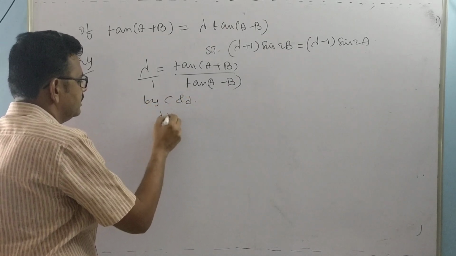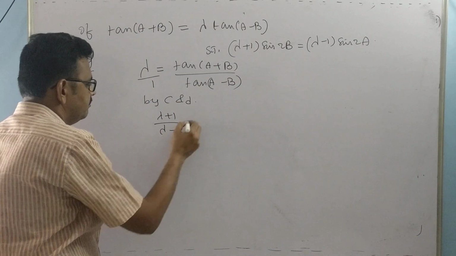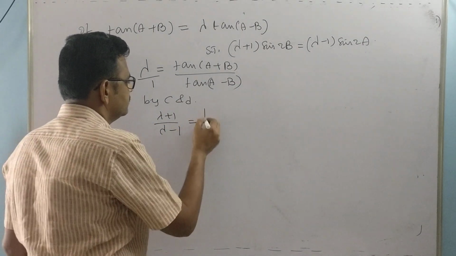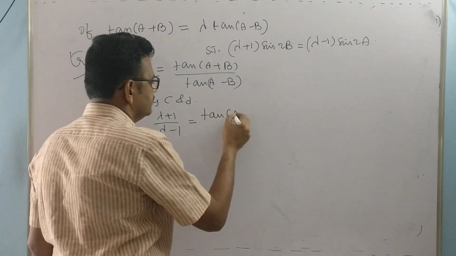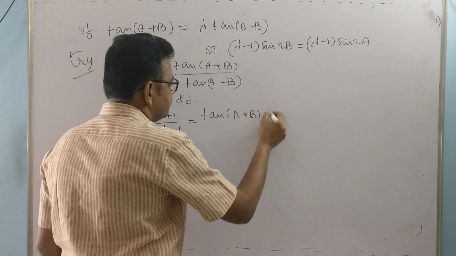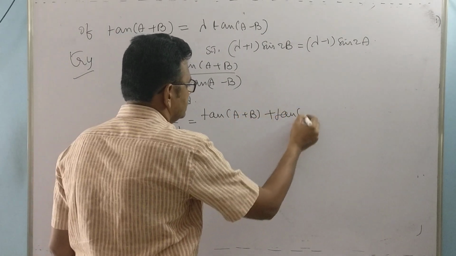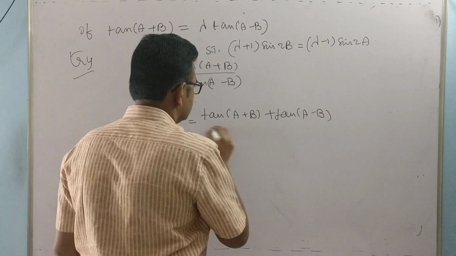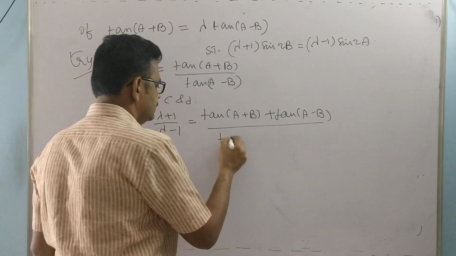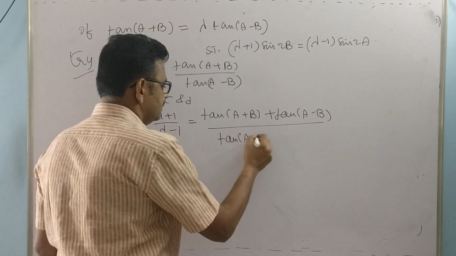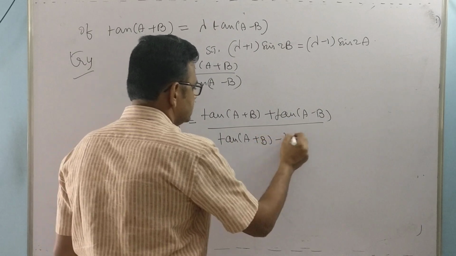So (lambda plus 1) by (lambda minus 1) is equal to tan of (a plus b) plus tan of (a minus b), by tan of (a plus b) minus tan of (a minus b).